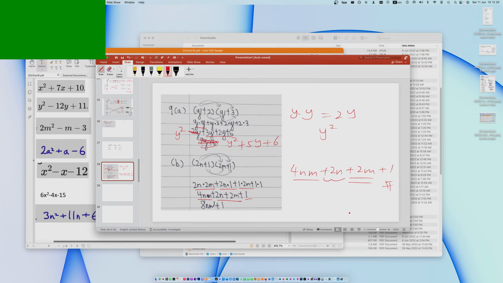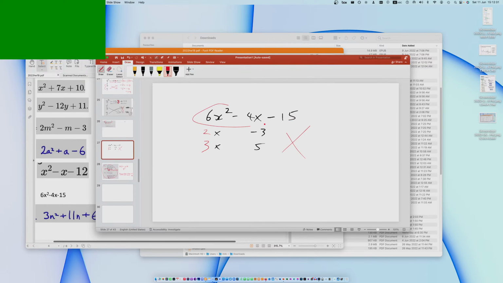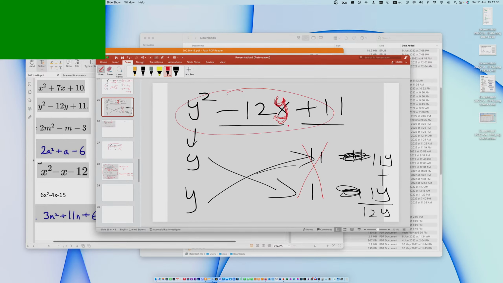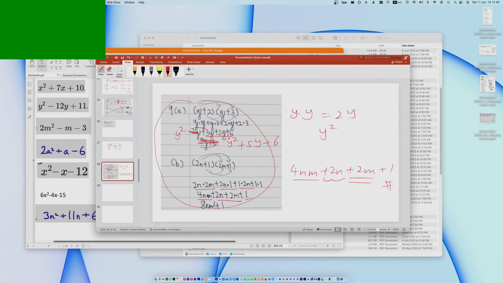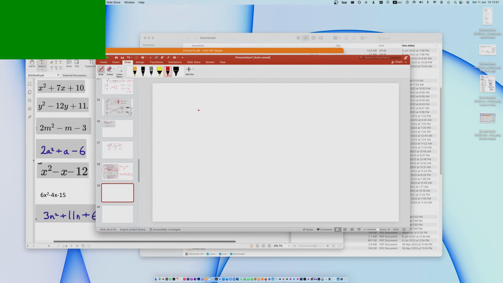By the way, do you know why I give you this kind of question? Because you have been doing quadratic expressions to get the factorized format. Now I give you the factorized format, and you open the bracket to get the quadratic. You understand? So let's say I give you this.